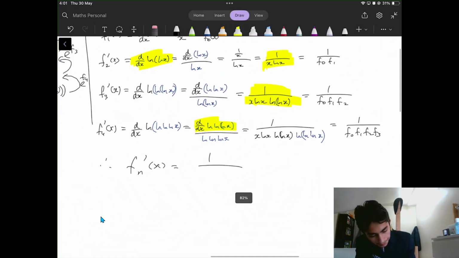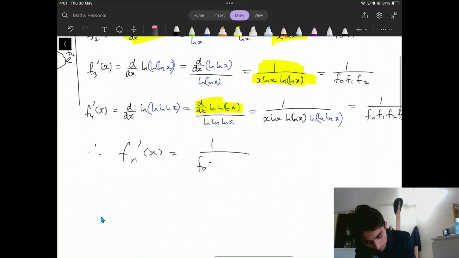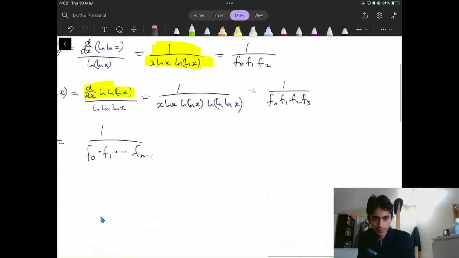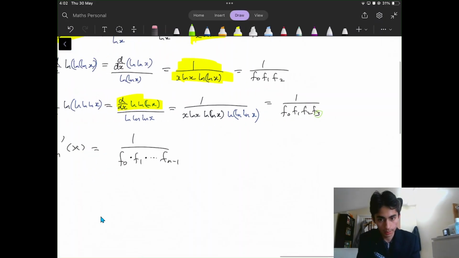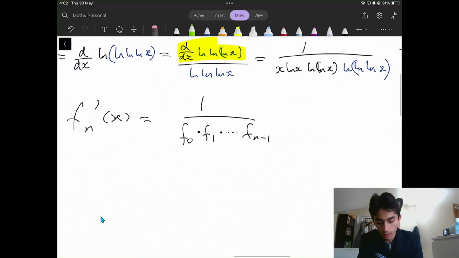So therefore, we can conclude that the derivative of fn of x in this case is equal to 1 over f0 times f1 times f2 all the way to fn minus 1, right? The reason for n minus 1 is because here we have f4 of x prime, and we end up with a 3, not a 4. So that's why we have the n minus 1 subscript.